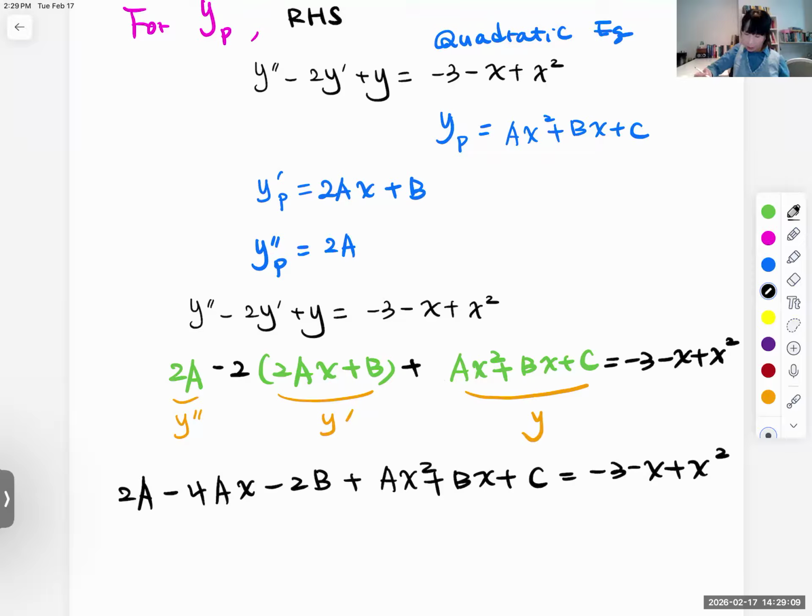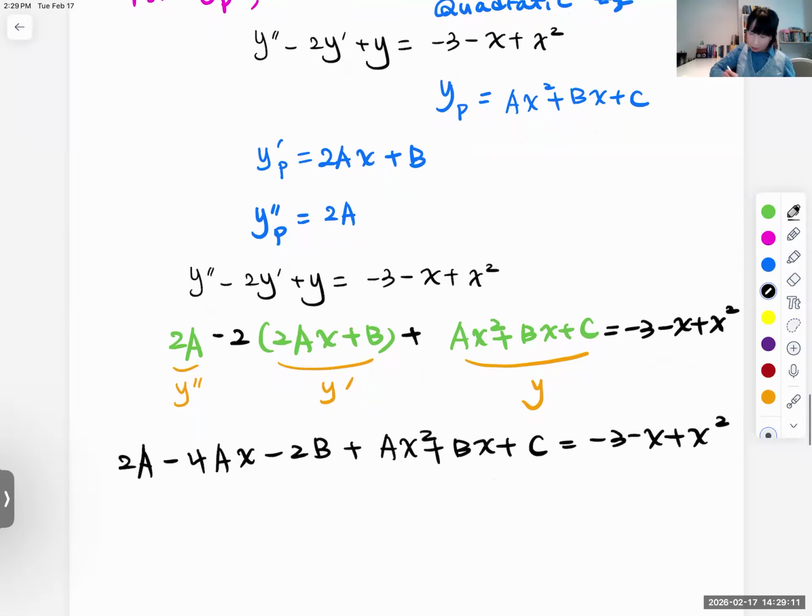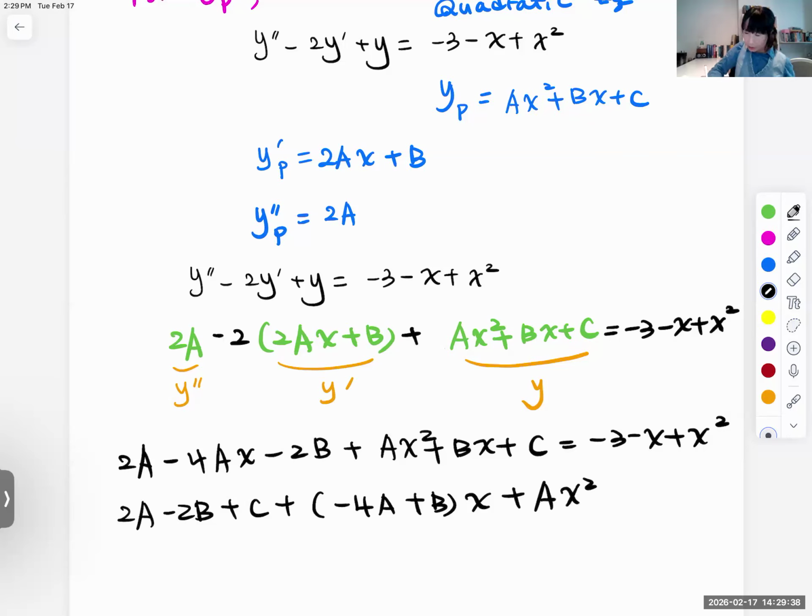Let's arrange terms. We have the constant 2a minus 2b plus c, and the first order x term is negative 4a plus b, and ax squared, equal to negative 3 minus x plus x squared.